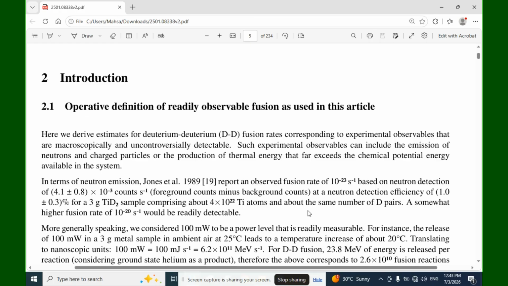In terms of neutron emission, Jones and his colleagues in 1989 in reference 19 reported observed fusion rates of 10 to the power of minus 23 per second, based on neutron detection of 4.1 ± 0.8 multiplied by 10 to the power of minus 3 counts per second for ground counts minus background counts, at a neutron detection efficiency of 1 ± 0.3% for a 3 g TiD2 sample comprising about 4 multiplied by 10 to the power of 22 titanium atoms and about the same number of d pairs.